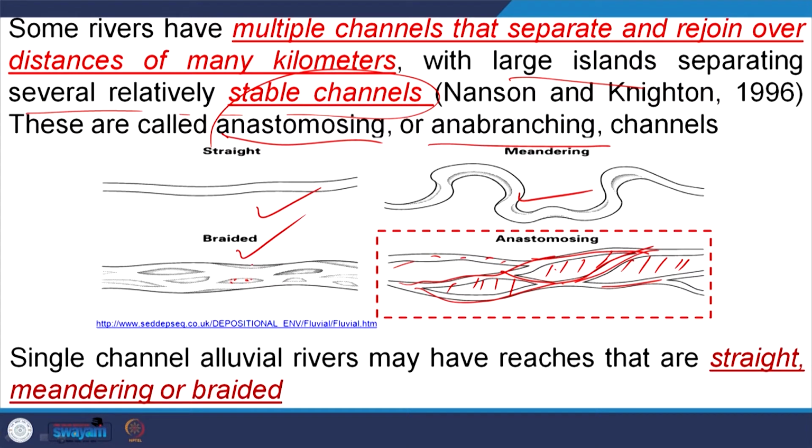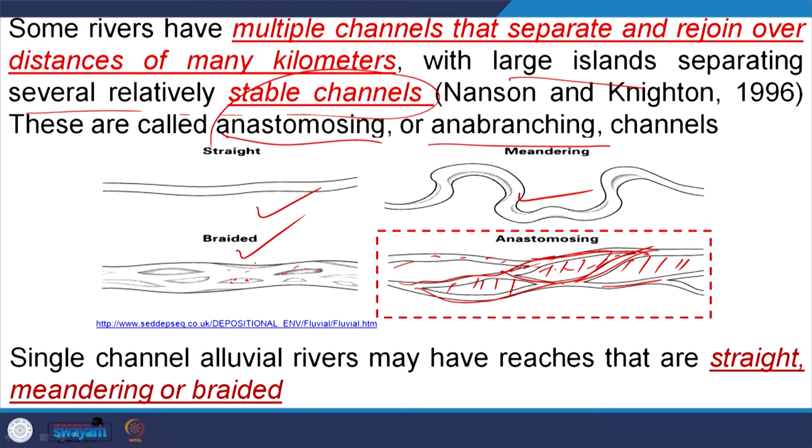The difference between the anabranching channel and the braided channel is that anabranching channels are permanent and stable, but here these are not permanent and this is not a stable channel.